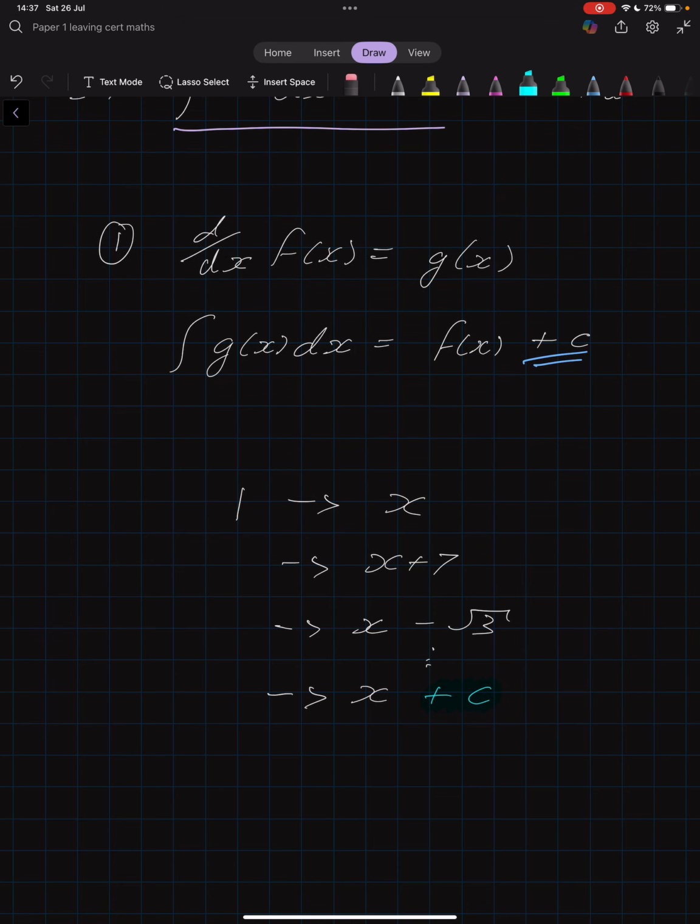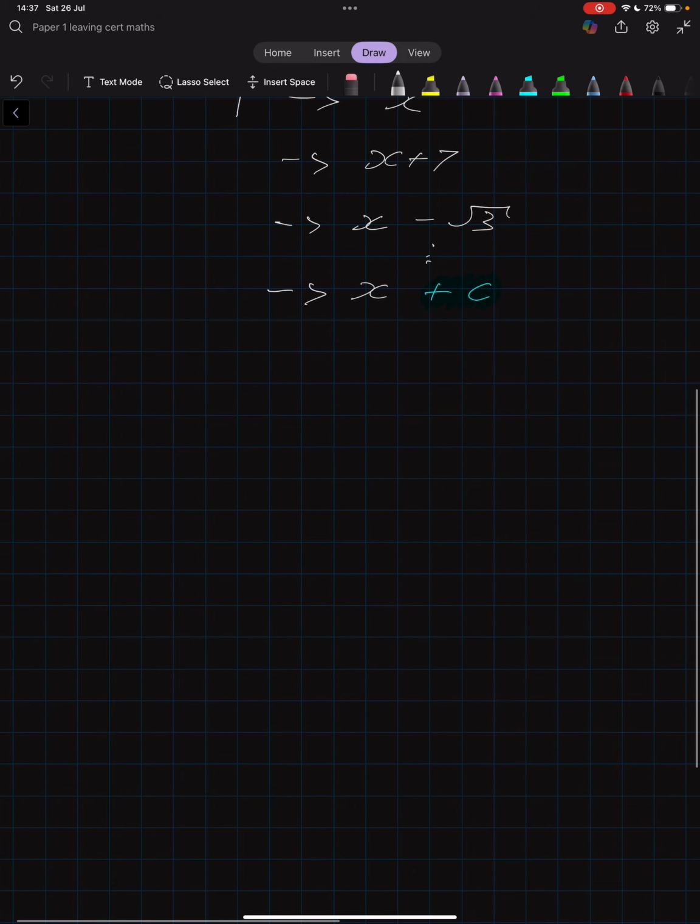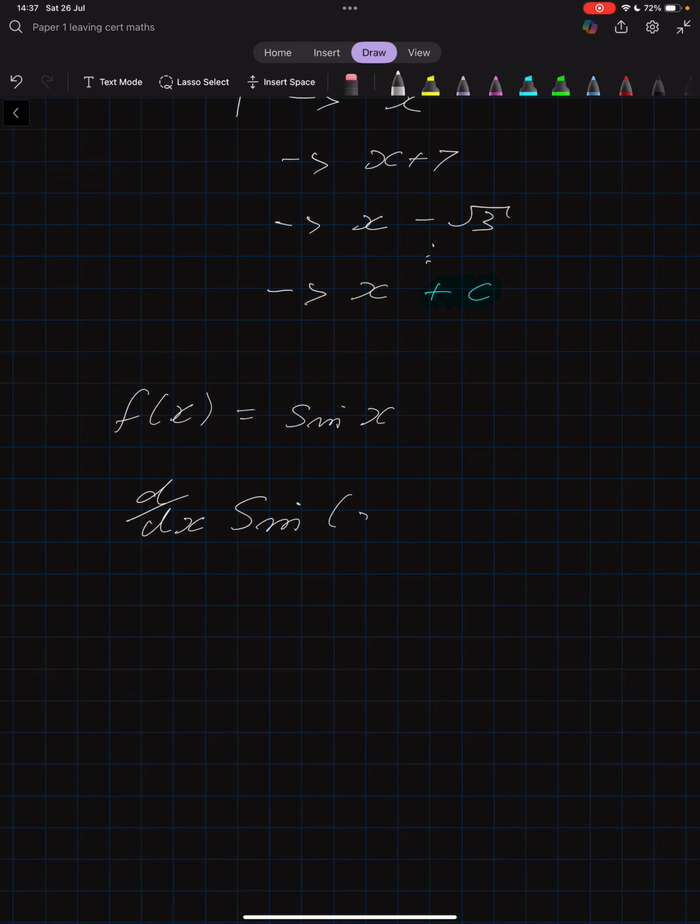For example, if f of x equals sine x, what's the differential of sine x? d dx of sine x equals cos x. Great.